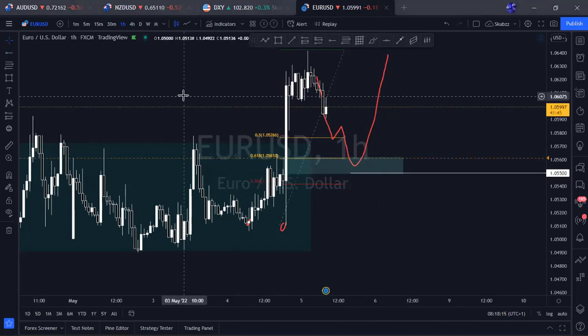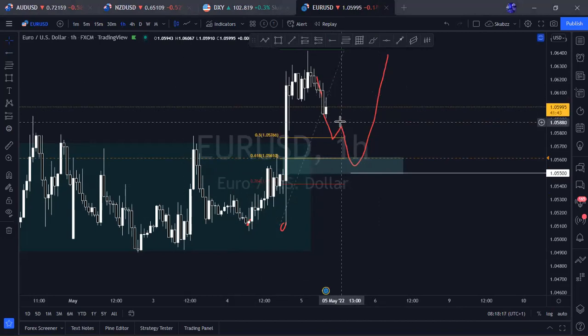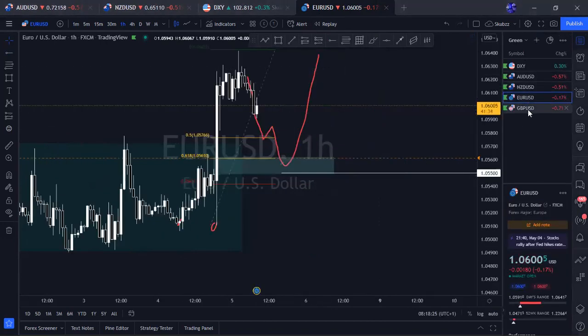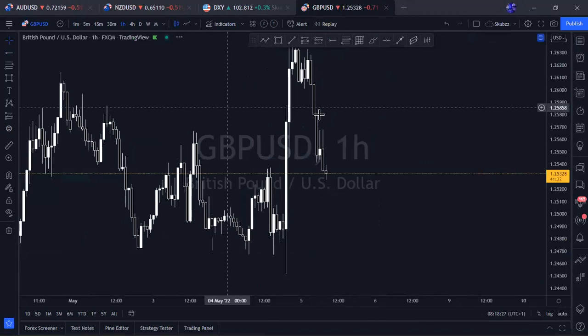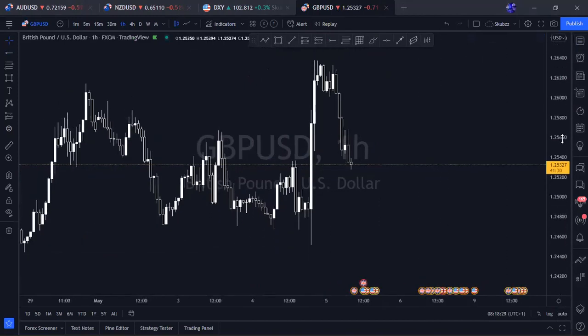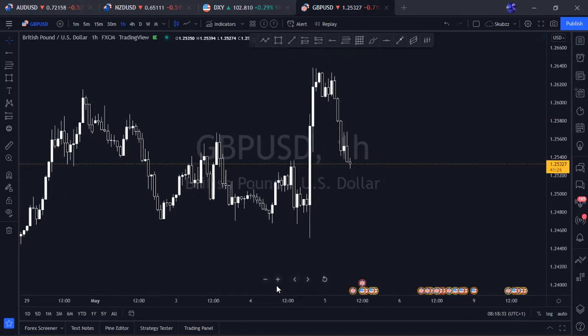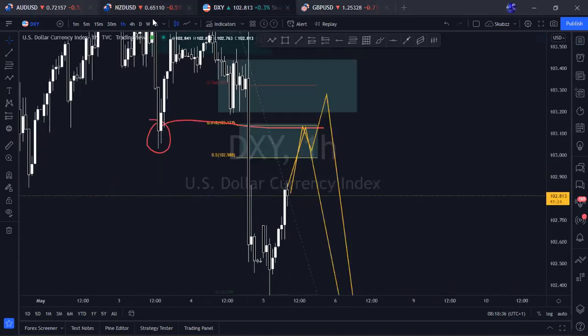Okay, I'll be going back to the AE chart, but let me finish the analysis on my pairs. I think the last one, this is the analysis on Euro USD. And then the next one is GBP USD. That's the last pair I trade. So GBP USD has actually completed this move to the downside. But the tricky thing is that DXY has not pushed to all these areas yet.